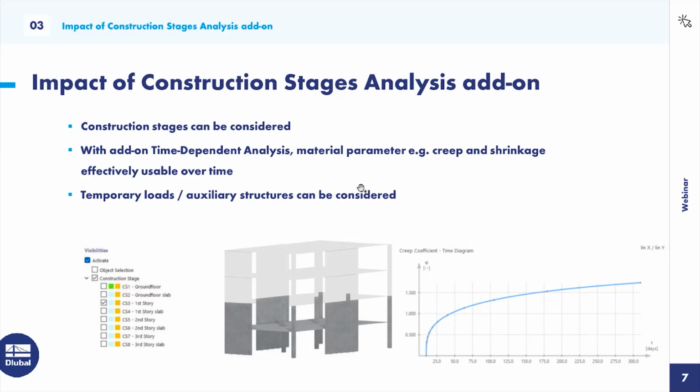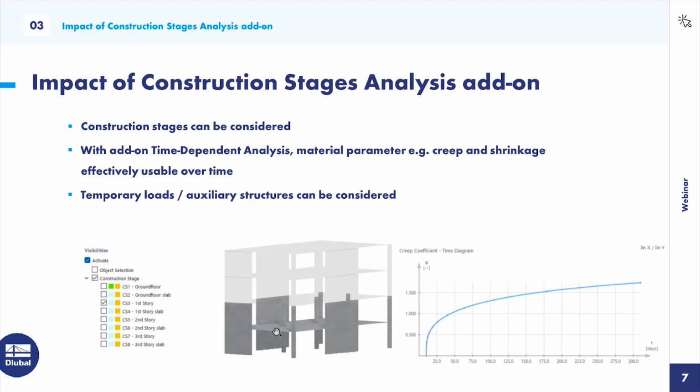Another option you have with these construction stages is when you have, for example, temporary loads, which are only for a time or for a construction stage, and these loads are gone at the end of the building. So you can consider these loads.